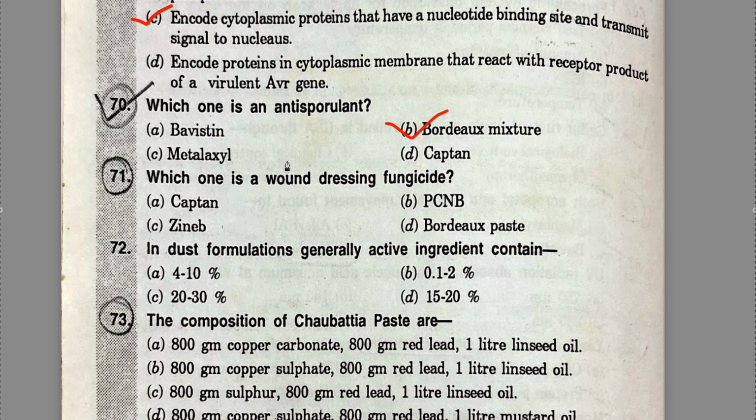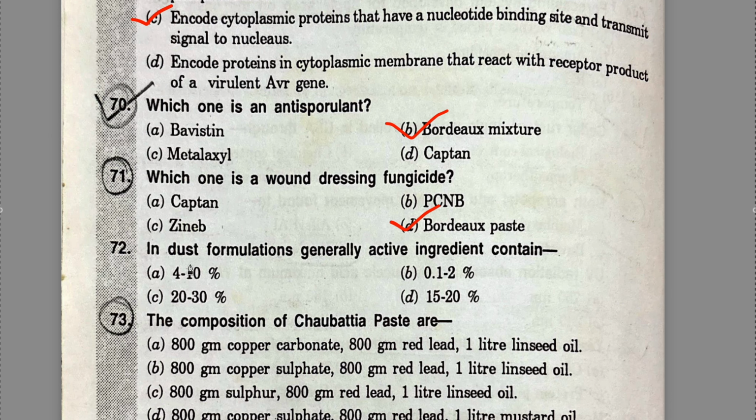Just focus on the words wound dressing. If we have any wound, what do we do? We apply ointments, right? And this is the paste. In the plant case as well, we apply Bordeaux paste.